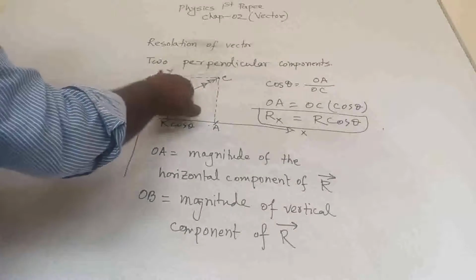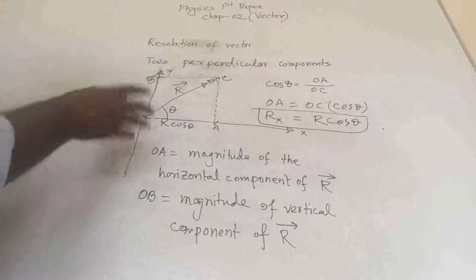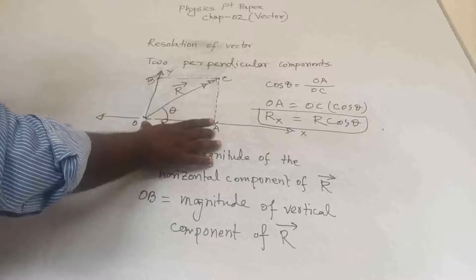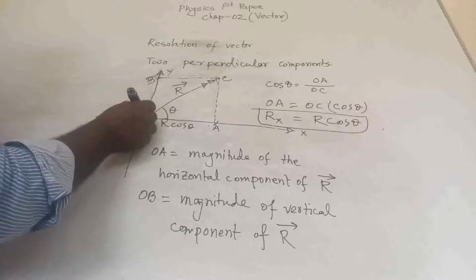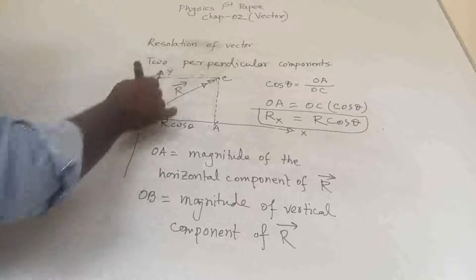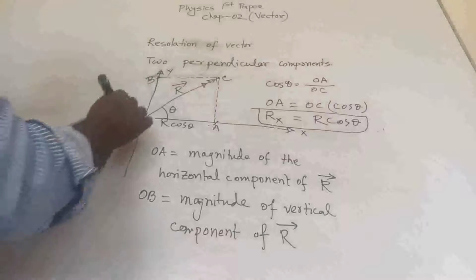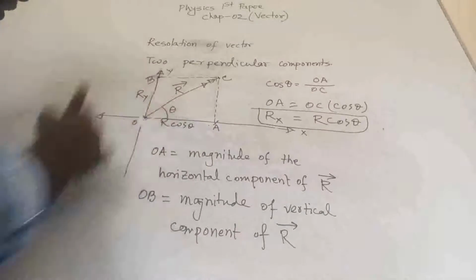So this vector is divided into two components. This one is the horizontal component OA and OB is the vertical component. So how can we get the vertical component? Look, if this length OB indicates the vertical component, let us denote it by Ry.